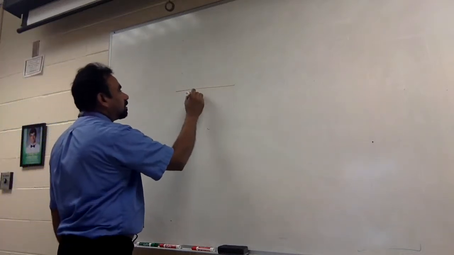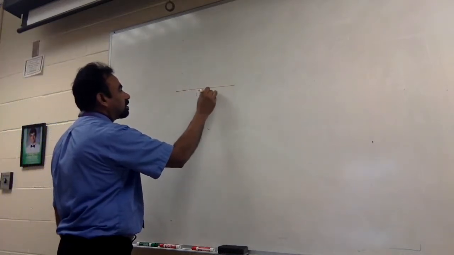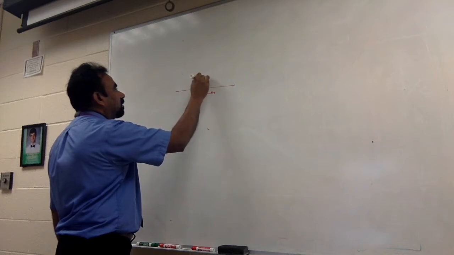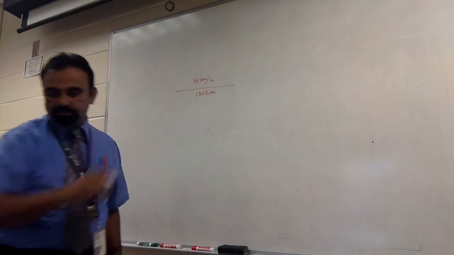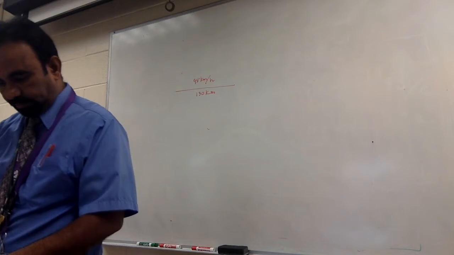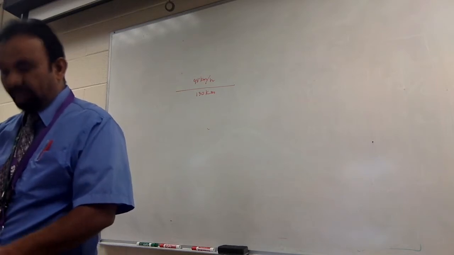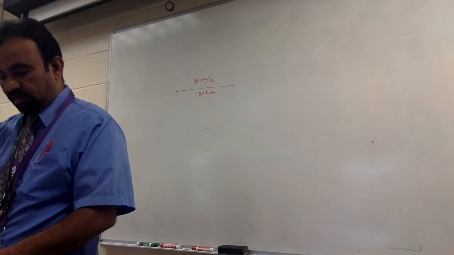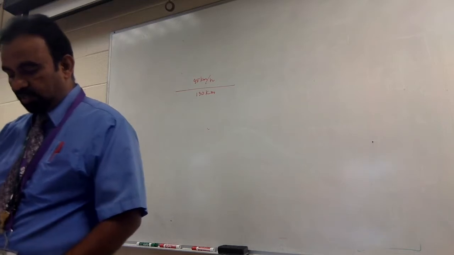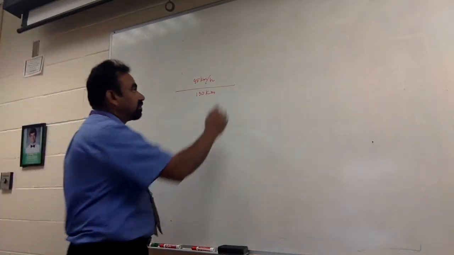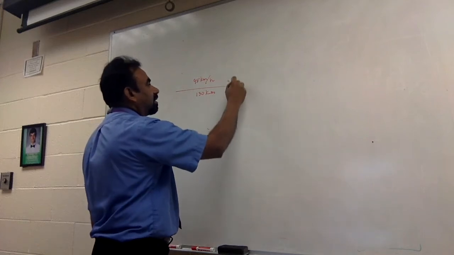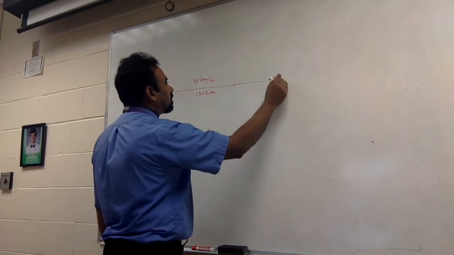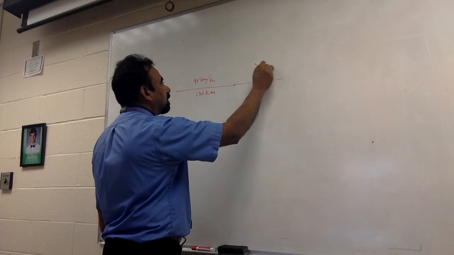So 130 kilometers at 95 kilometers per hour. It then begins to rain and you slow down to 65 kilometers per hour. So from this point onwards it's raining and so you slow down to 65 kilometers per hour.